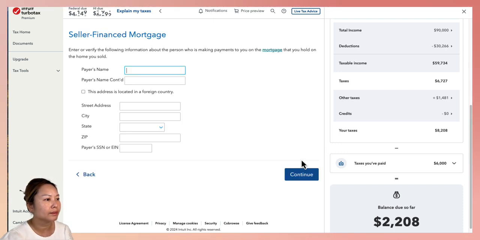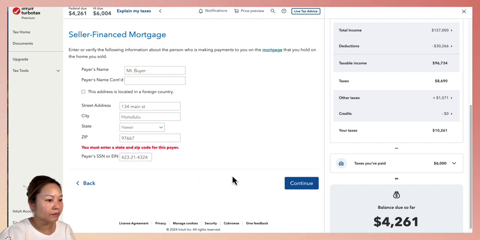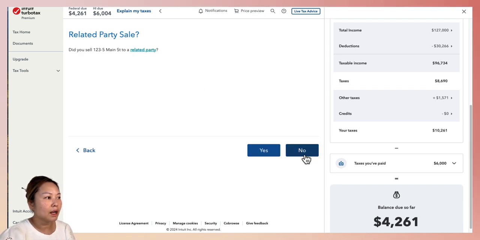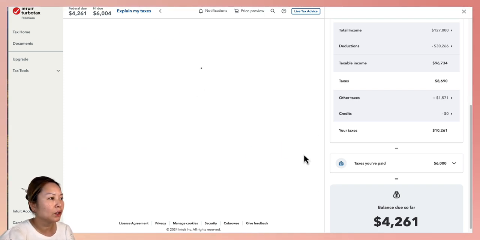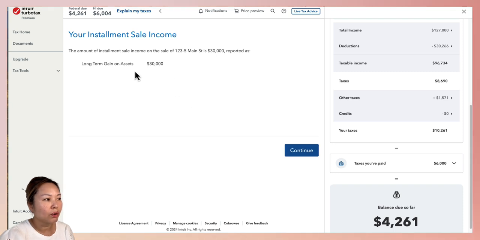So no, right? And then the buyer name, so I just say Mr. Buyer. Was it sold to a related party? No. So the long-term capital gain is 30K. Remember, this is very important.